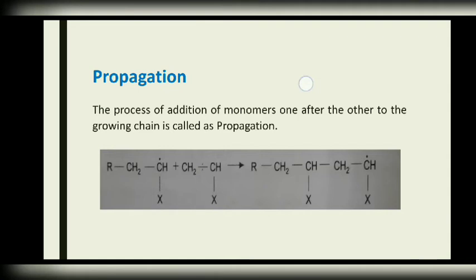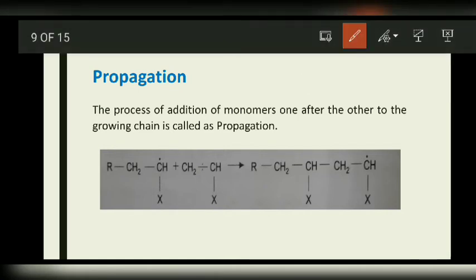See here, this is the radical site on the first monomer, right? So this gets linked up with the second monomer unit, right? So here this electron gets shifted to this carbon.